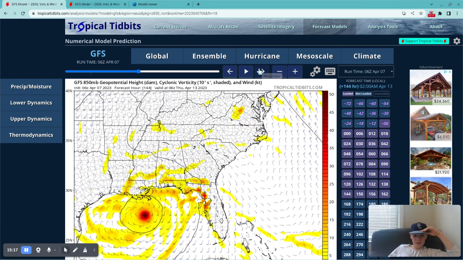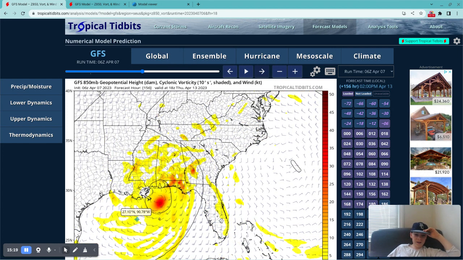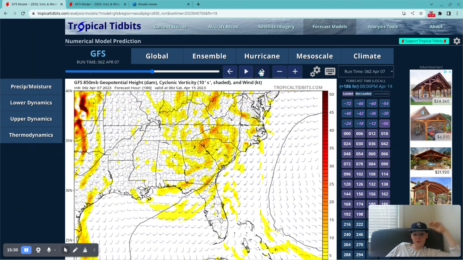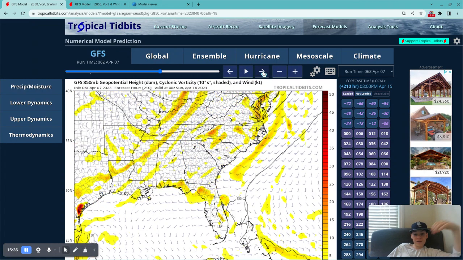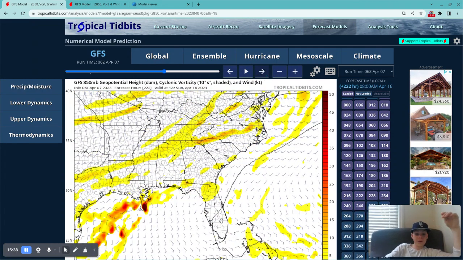On the 12th, you're still seeing that center of the storm. It's still very strong, and it's continuing on the path that the GFS wants it to, and then it just breaks apart and falls apart, and then that rides into the northeast.